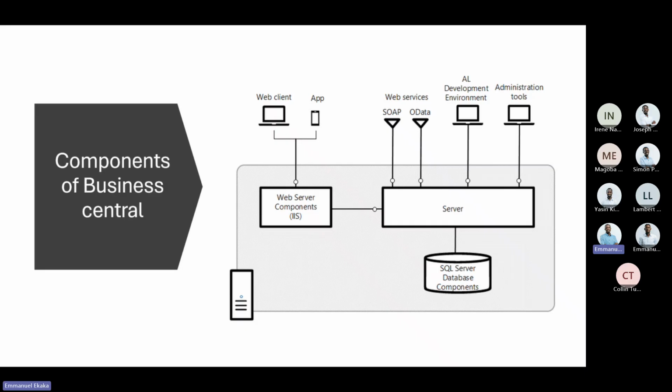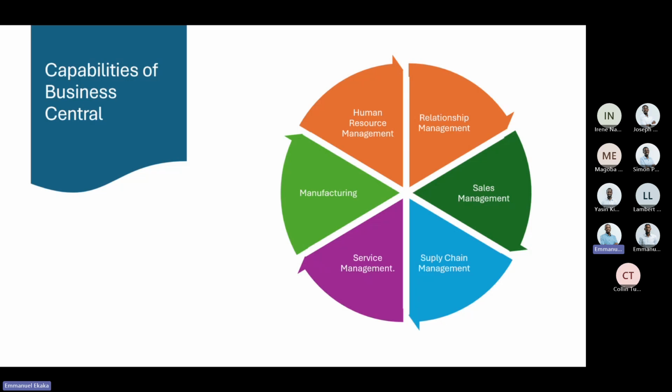And the capabilities of Business Central. Here, capability-wise, we just have to know what Business Central is capable of doing out of the box, before any developments have been done. And the listed modules are what Business Central provides as the core before you've made any customizations on the system.